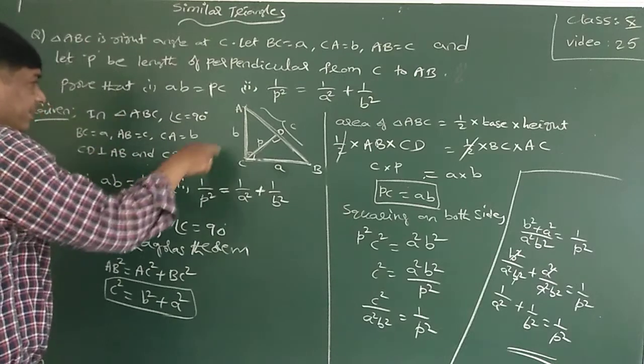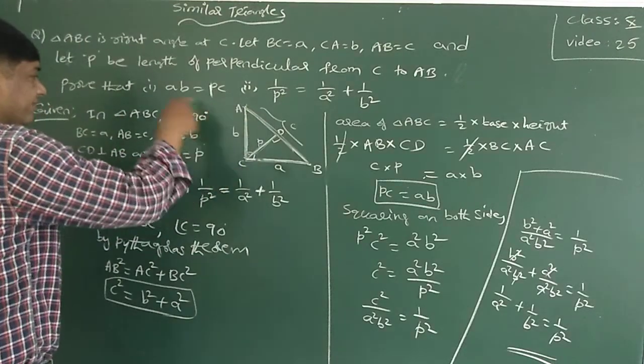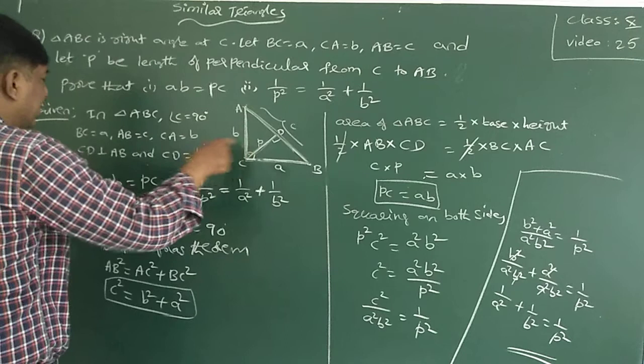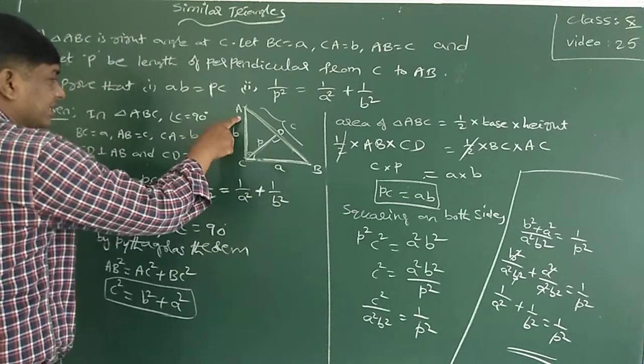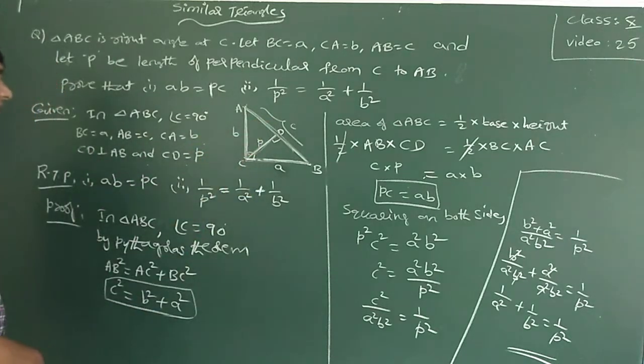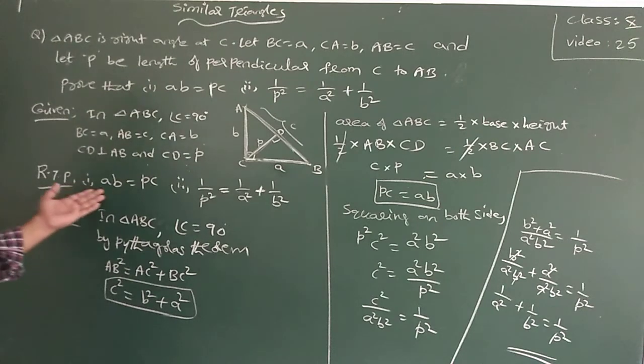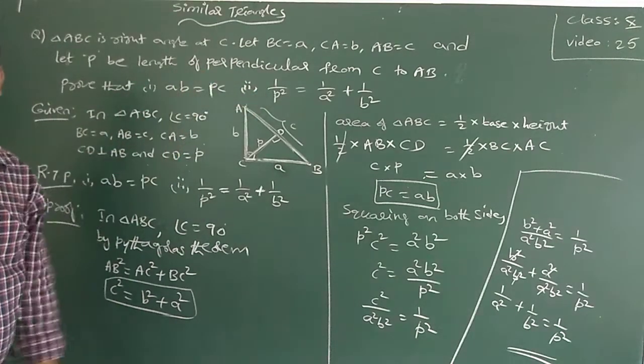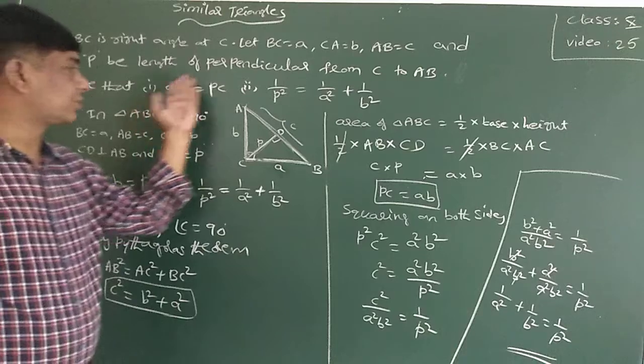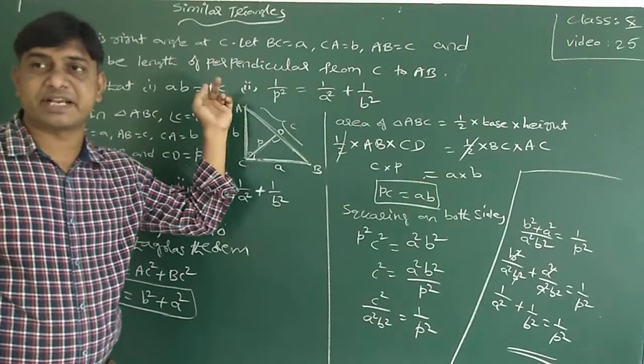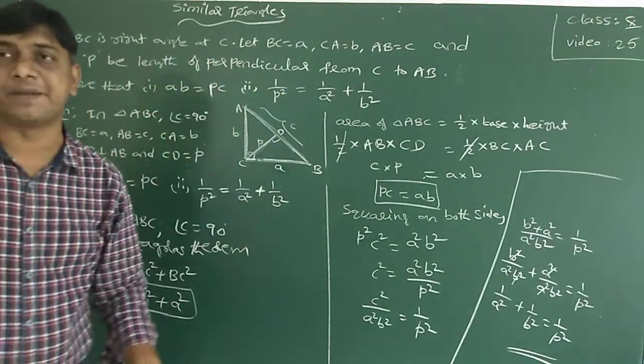Now this is the given information. Using this given information, ABC is a right angle at C, BC is a, AC is b, and AB is c. Now I have to prove these two conditions they asked. Whether they asked two conditions or one condition, the first one is common, you will definitely get it.